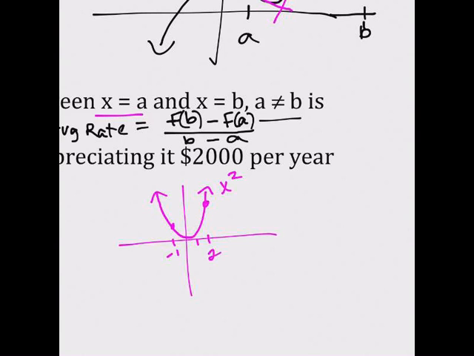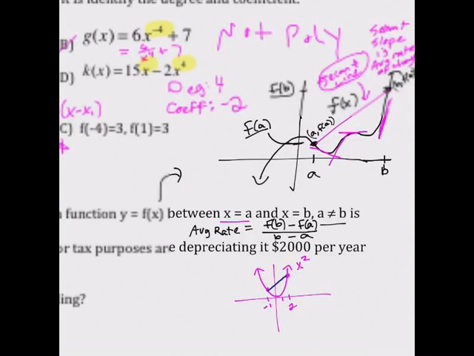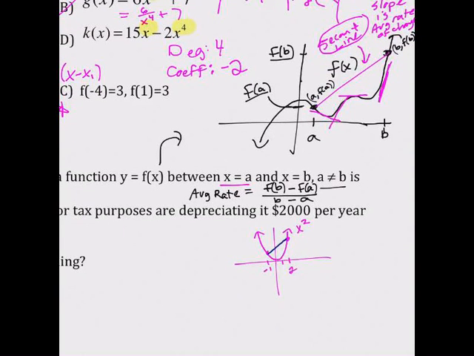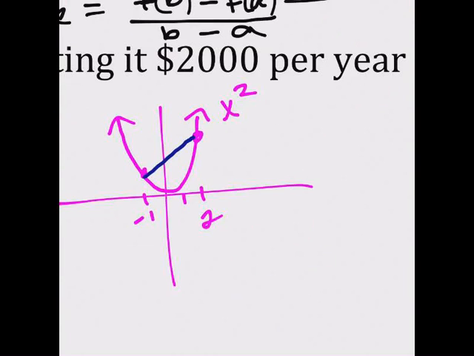I would like to know the average rate of change from -1 to 2 on the graph of x squared. Average rate of change only works on secant lines. It's the average rate of change on that interval, not anywhere else. I'm talking about just that interval. It's very specific. So I want the average rate of change between -1 and 2 on x squared.